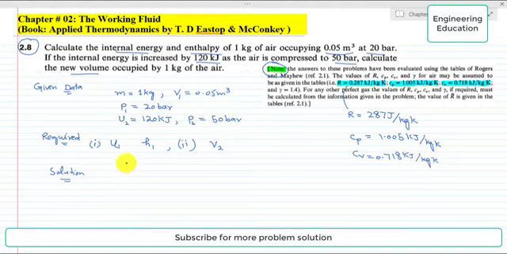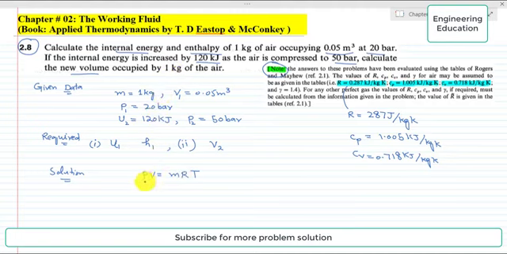Now to find the value of U1 and H1, we will need the temperature T1. So using the characteristic equation of state for the air, that is PV equals mRT.